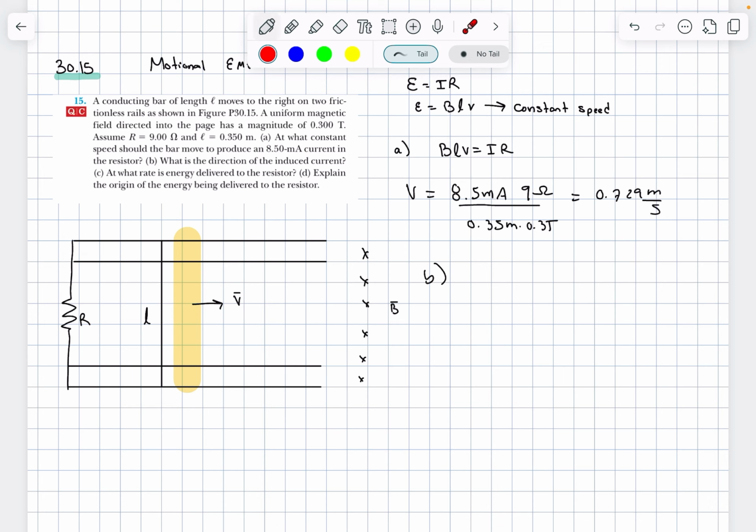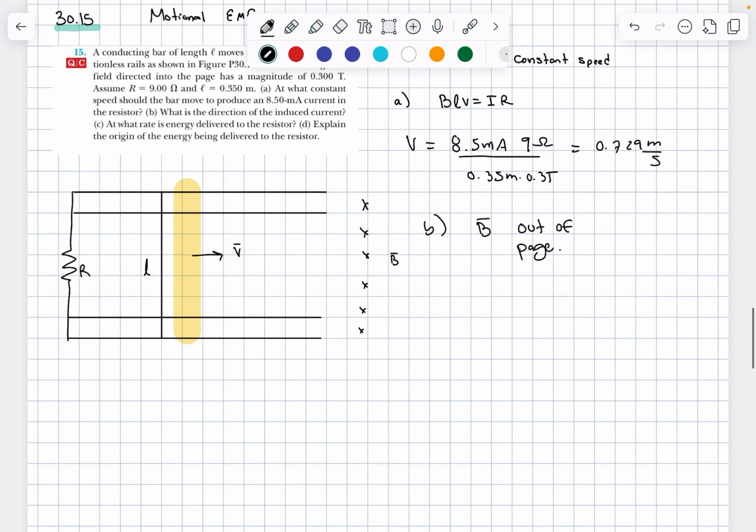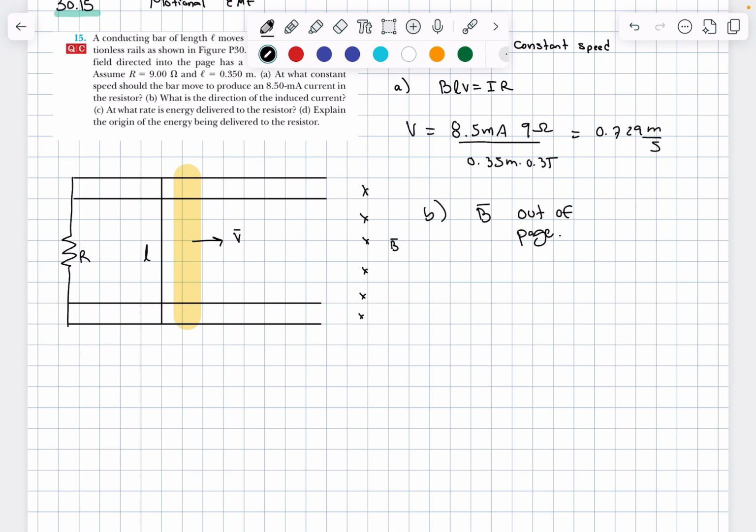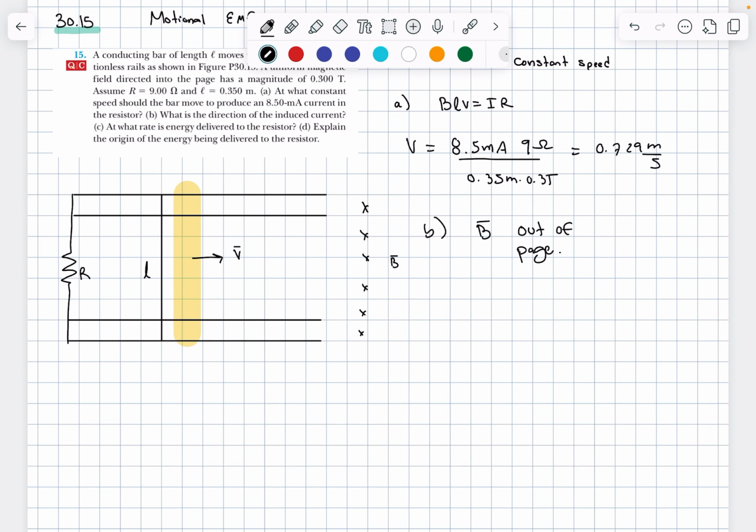So that means we need to be inducing magnetic field that is out of the page to balance it out. That's Lenz's law. So the flux is into the page and increasing. The current will produce a flux that is out of the page. In what direction is that current going to be? Well, we can use our second right-hand rule because we want to have this essentially inside here.